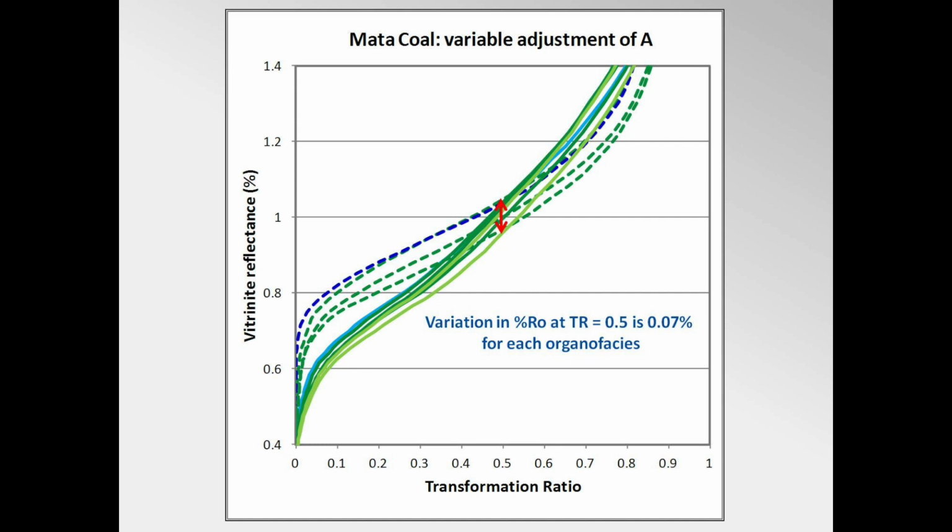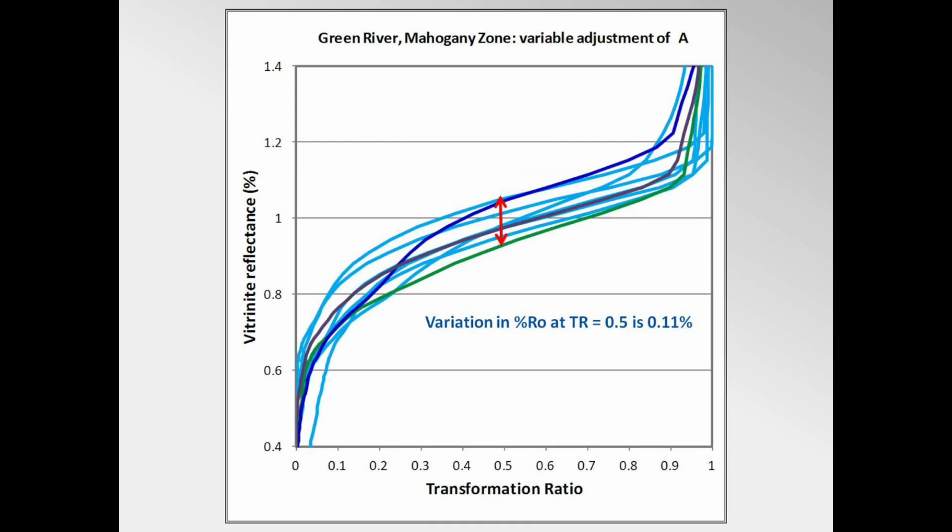For the Mata coal shown on this slide, the variability is slightly greater. For each of the 2 organophases, the total variability at peak generation is about 0.07% vitrinite reflectance. The Mata coals, like the Oxford shale, were analyzed by only one laboratory with consistent conditions.